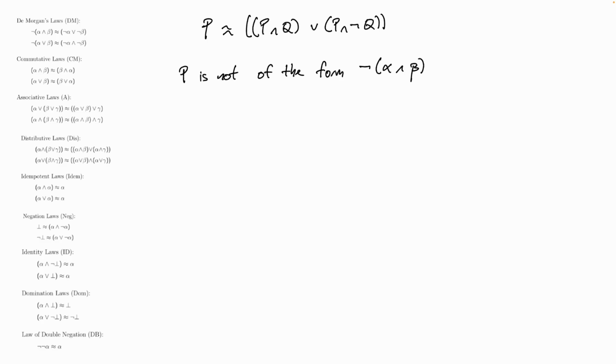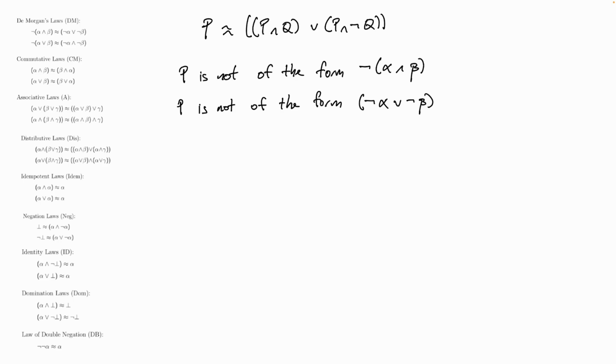The first of De Morgan's laws also says that if you have a disjunction where both disjuncts are being negated, then that's equivalent to something else. But P also isn't a disjunction where both disjuncts are being negated. So the first one of De Morgan's laws is of no use to us here. It doesn't tell us anything about what further formula P is equivalent to.